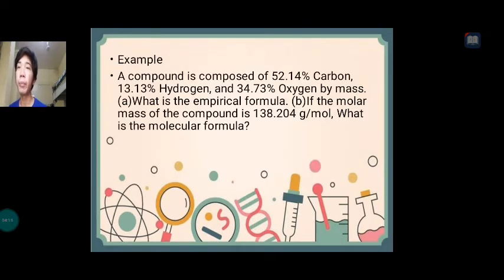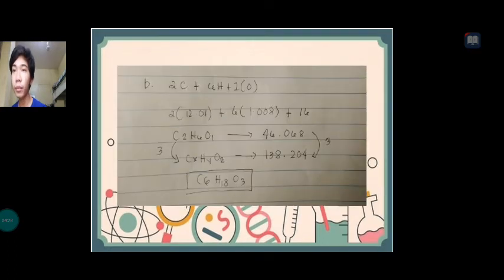So letter B. If the molar mass of the compound is 138.204 grams per mole, what is the molecular formula? Okay, so the empirical formula is C2H6O1, or oxygen 1.